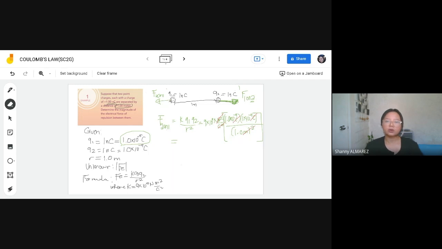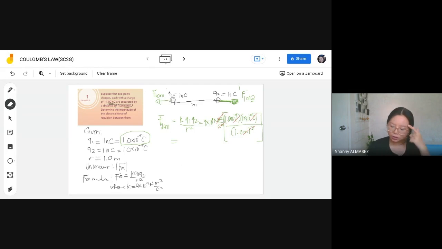Okay? So just take note that when we are after the magnitude, we are to get the absolute value of charges. So kung magnitude ang tinitingnan natin, we have to use the absolute value. Because especially if there are negative charges. Kasi nga, we are only after the magnitude or the strength of the force. Then afterwards, we will go back to our illustration to analyze and indicate the direction.